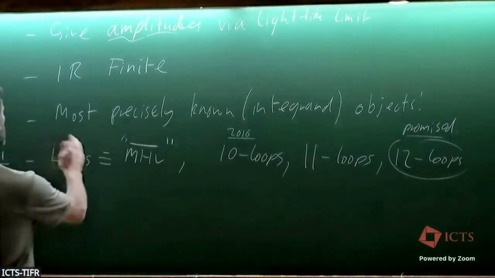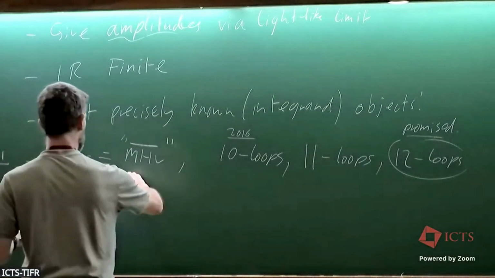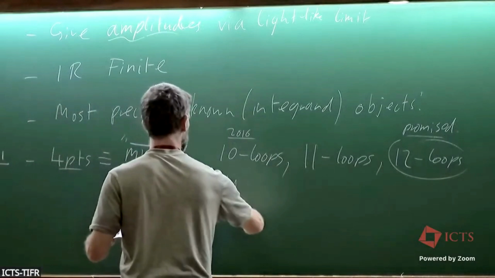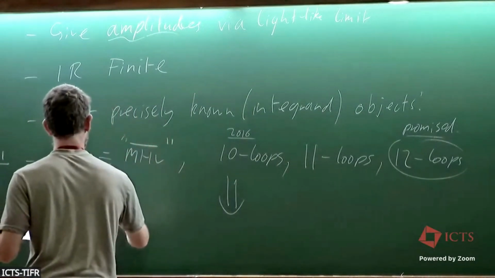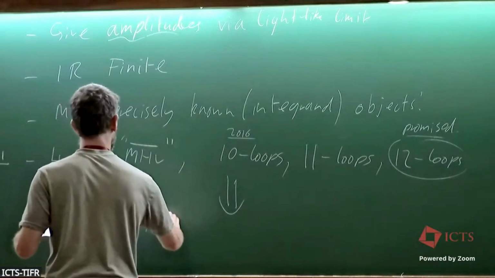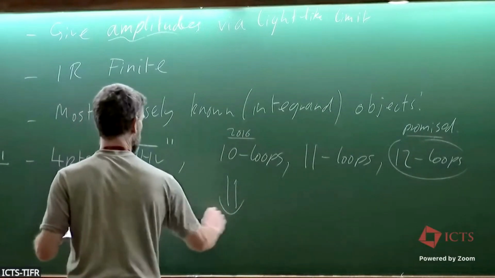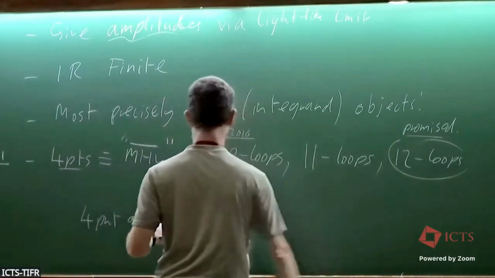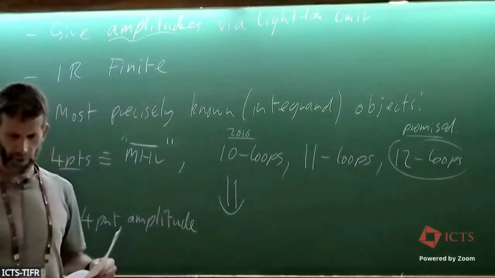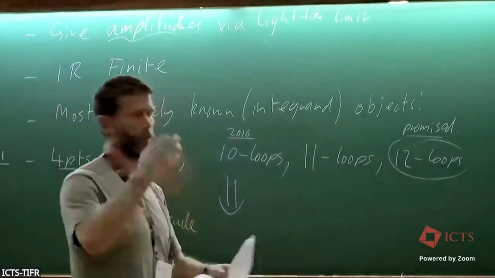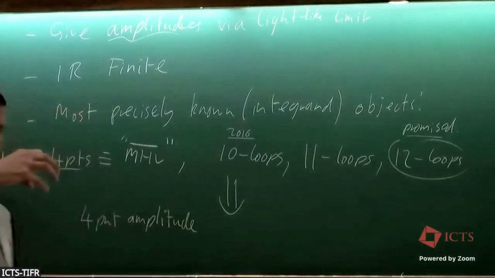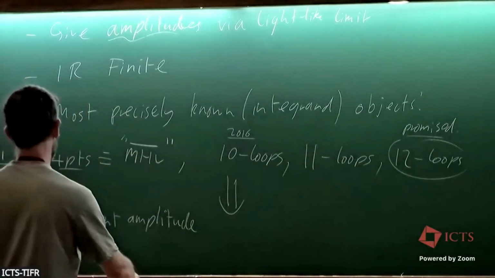Okay, so these are the correlators at 4 points, but these imply via this light-like limit that you therefore know the 4-point amplitude as well. You get it very directly to this many loops. I won't say much about this, but basically these are given by certain graphs, and you can take squares within these graphs, and they give you the 4-point amplitude.